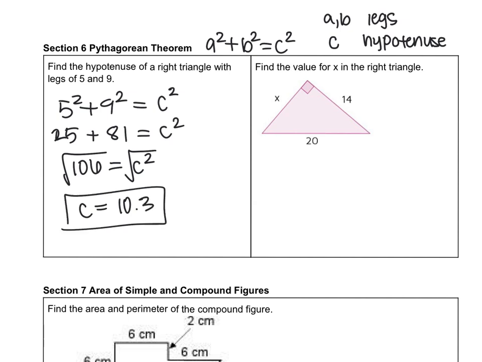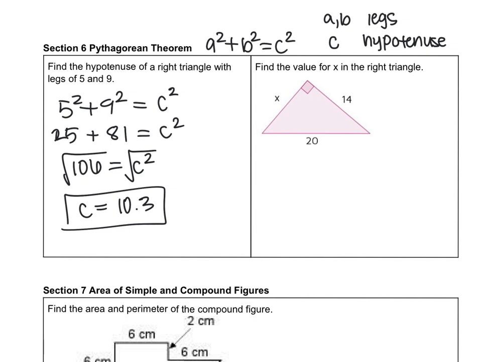You are allowed to give me decimals for the Pythagorean theorem when the answer isn't an exact number. So if it's not a perfect square, you can give me a decimal. And again, it always has to be at least one decimal place. And in this case, you get 10.2956. So if I wanted to round to 2 decimal places, the 5 would make the 9 become a 0, so I have to do 1 decimal place here.